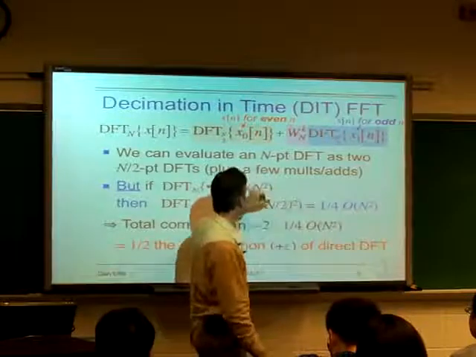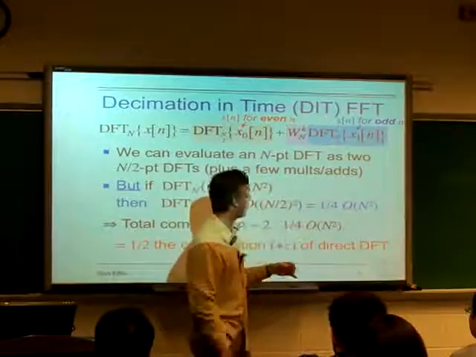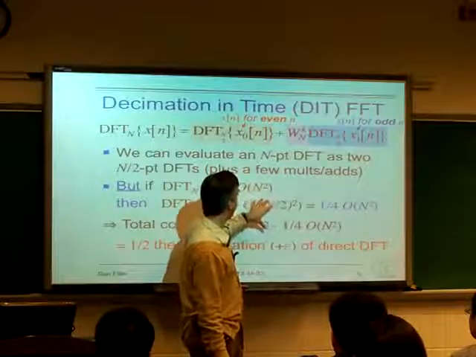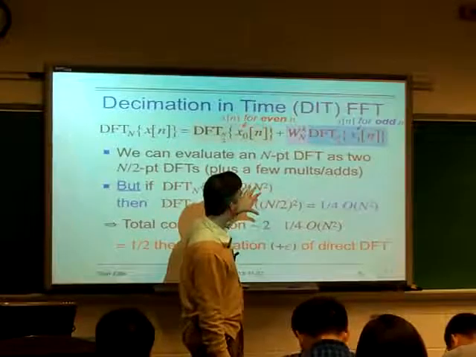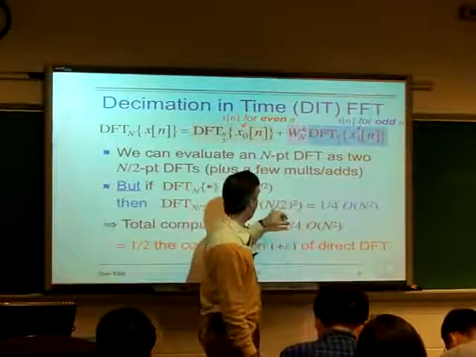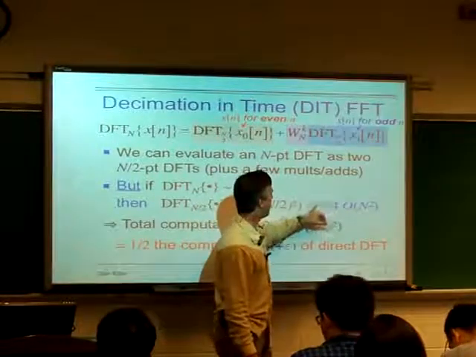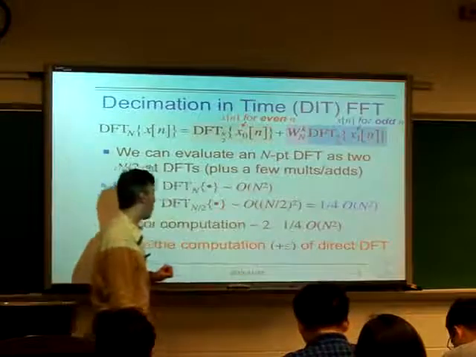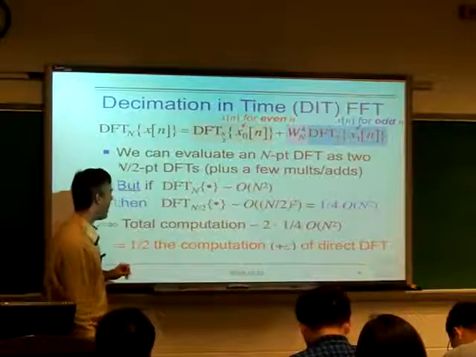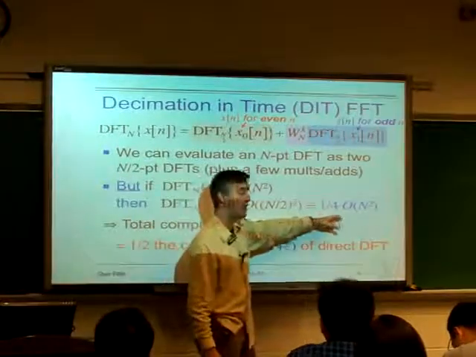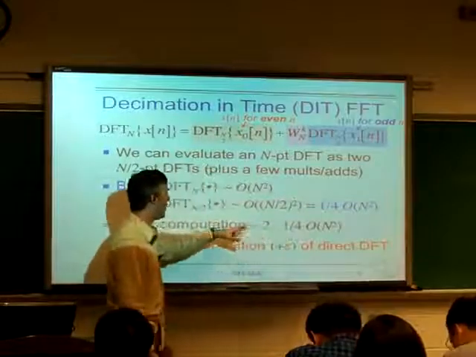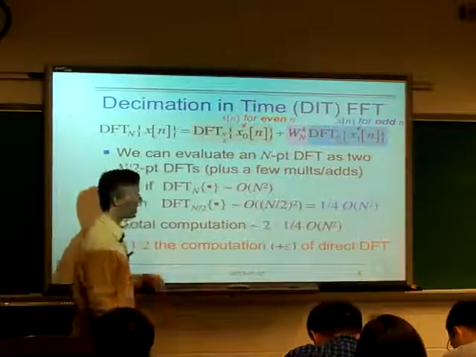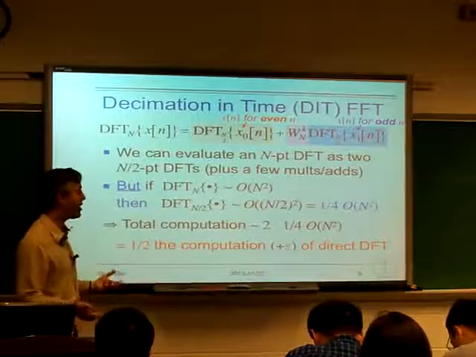I mean, there's going to be some constant in here depending on the algorithm, but because it goes as n squared, if we halve n, then the overall complexity is reduced to 1/4. Now, of course, we had to do two of these half-length DFTs, but even 2 times a quarter is still only half of the calculation of doing it the full way.